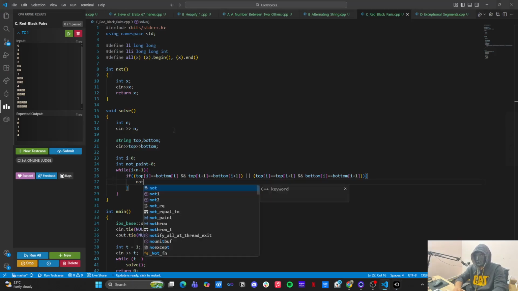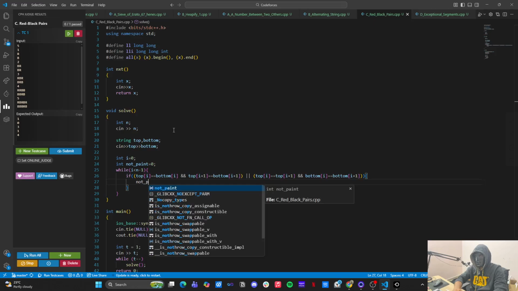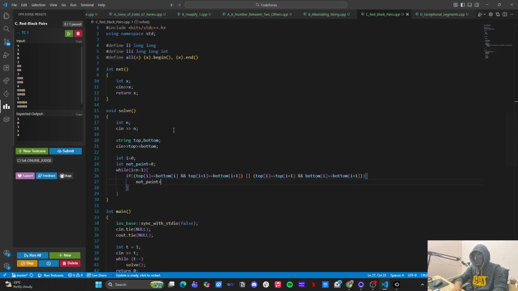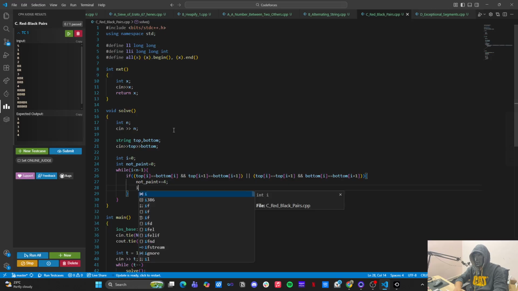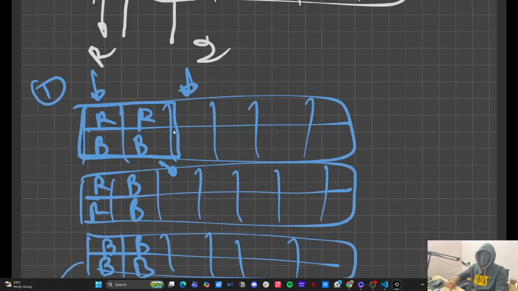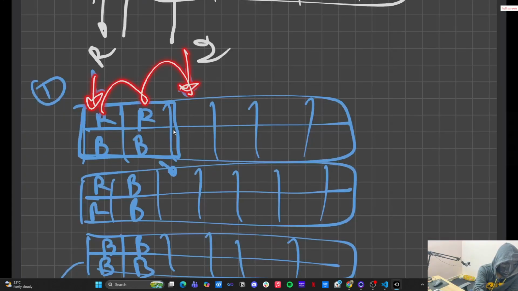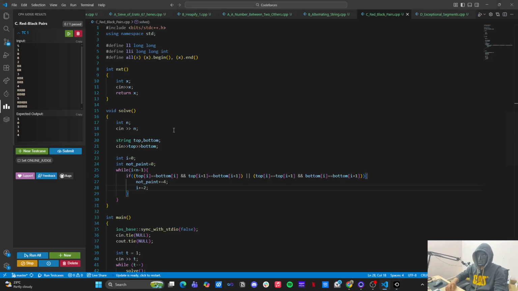So what I'll do is, not paint, I'll increase it by 4 because there are 4 cells, and your i pointer will be moved ahead 2 distance, right? Your i was here, I'll move 2 distance ahead.